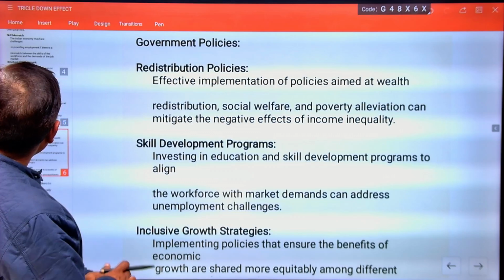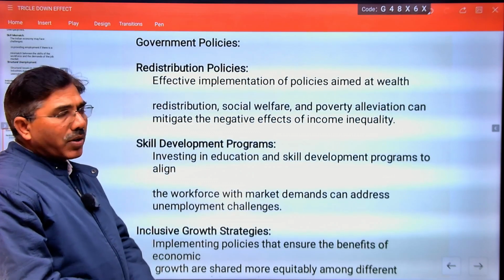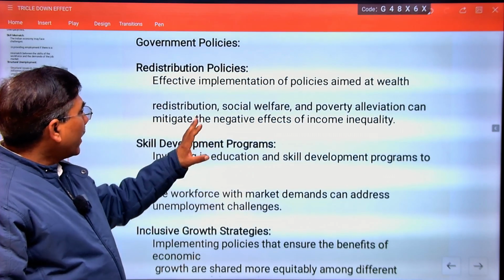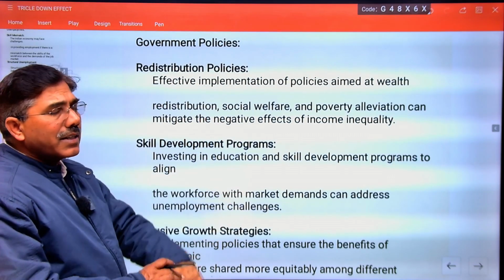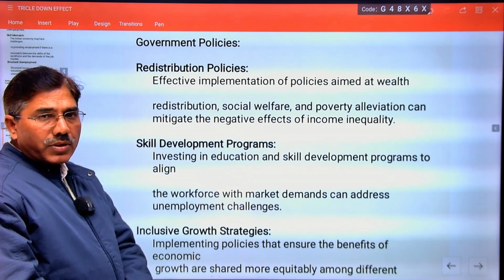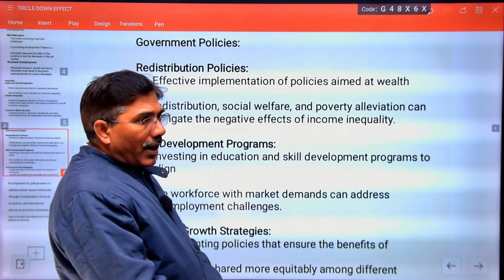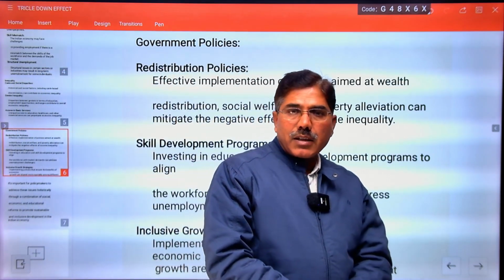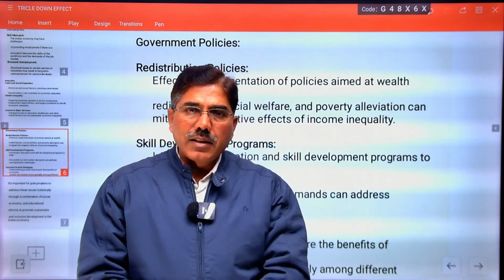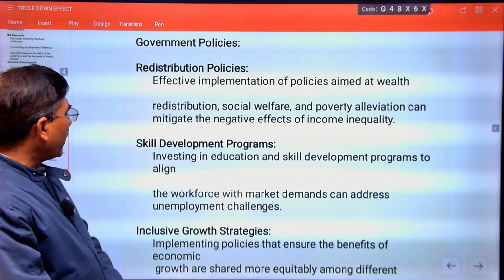And the next point, you can understand, is government policies, redistribution policies. Our government applied the redistribution policy when it realized that the trickle down effect theory was not working. I quote certain government policies, such as the land reform policy, under which land was redistributed among the weaker sections, or you can say landless farmers, laborers, etc. But the policy was not effectively implemented.